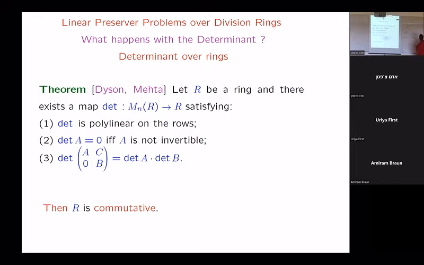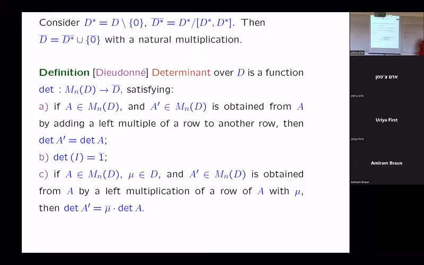So, well, non-commutative determinants live their own life, but this result tells you that if you have this functional with certain natural properties to be satisfied, then your ring is automatically commuting.